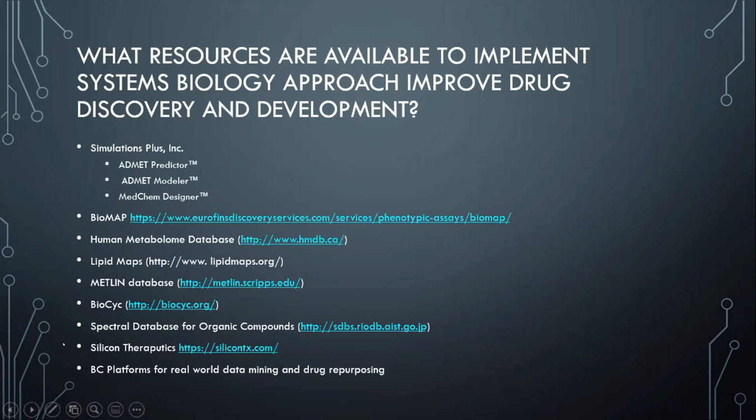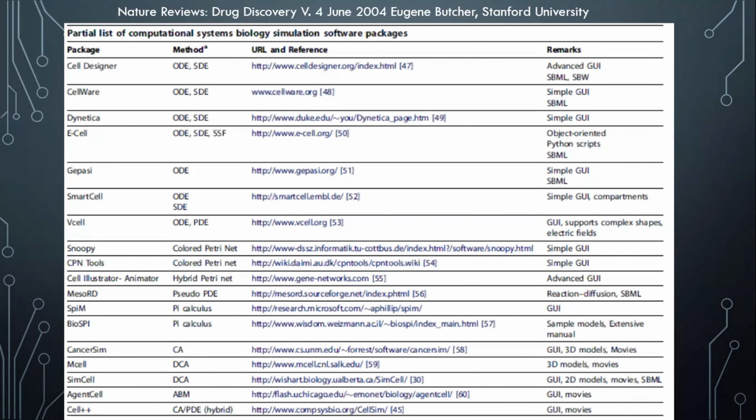Also put Nanome in there as well, as another great tool. BC Platforms is another tool that can be used for real world data mining and potential drug repurposing. And this is just some more potential sources of software packages that can be used. This comes from the same drug discovery review I was referencing earlier.